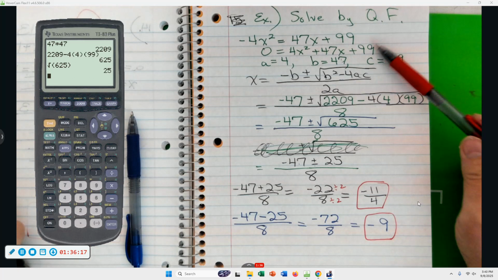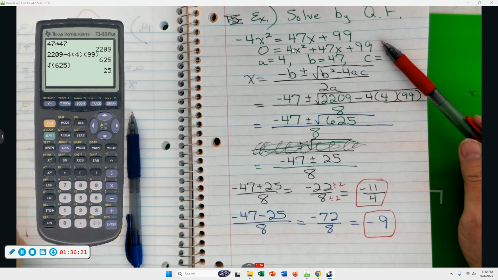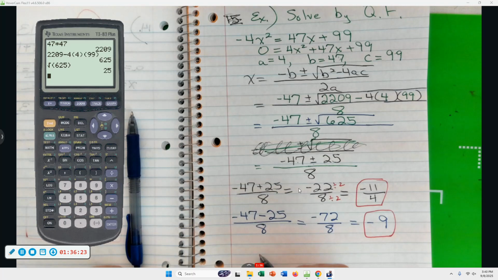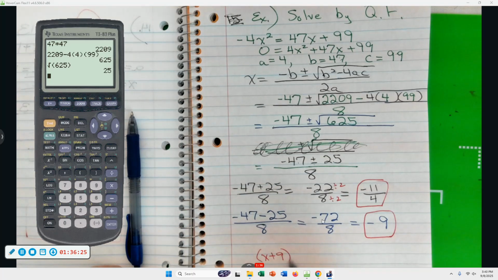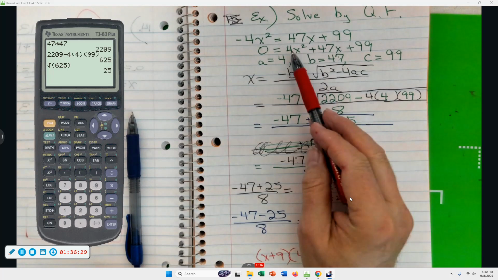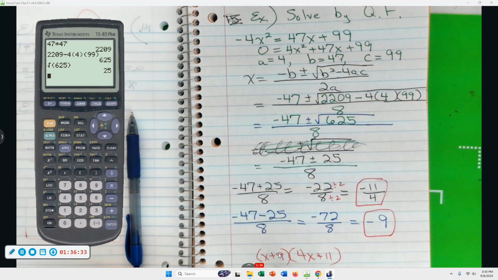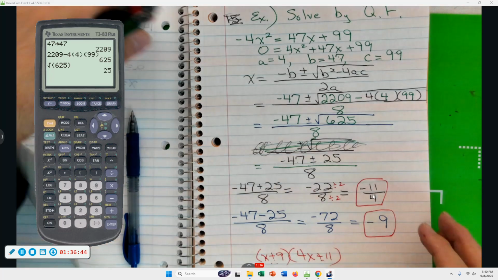This thing was factorable. It would have factored as x plus 9 times 4x plus 11, if we had factored 4x squared plus 47x plus 99. Set this equal to 0, it gives you a negative 9. Set that equal to 0 to give us a negative 11 over 4.